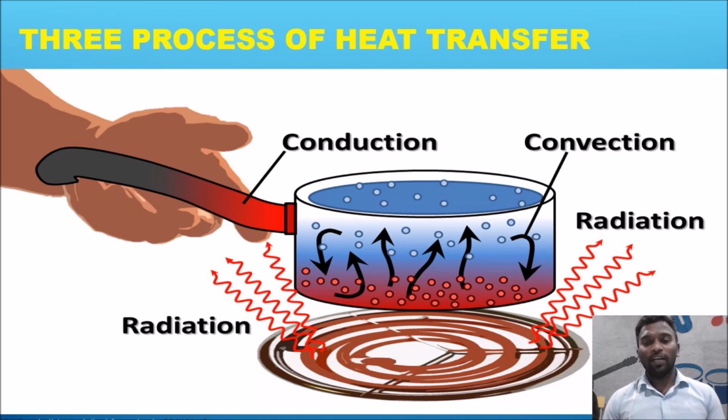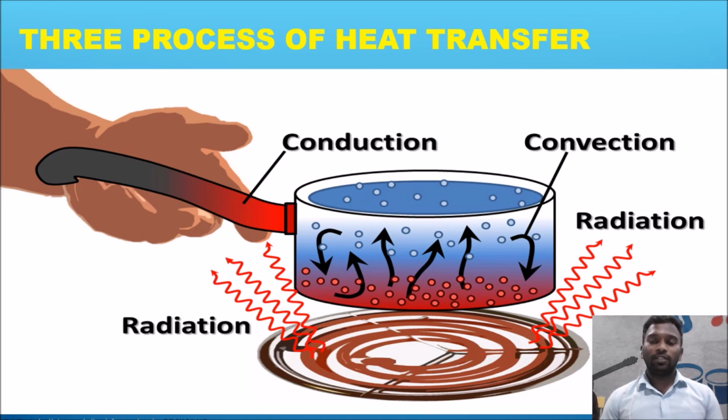And in the solid we cannot observe any change in the position of molecules. That process is called conduction. And initially from the flame to the vessel, heat energy is transferred. That process is called radiation. So in this single picture we can see all three processes of heat transfer.